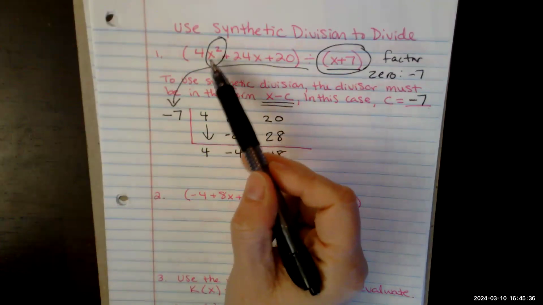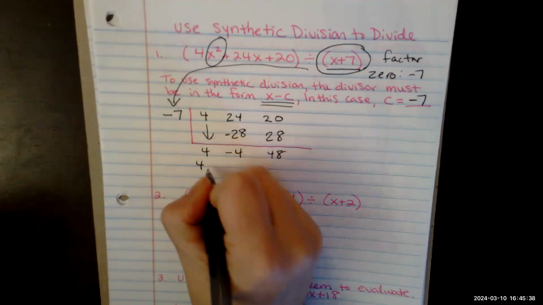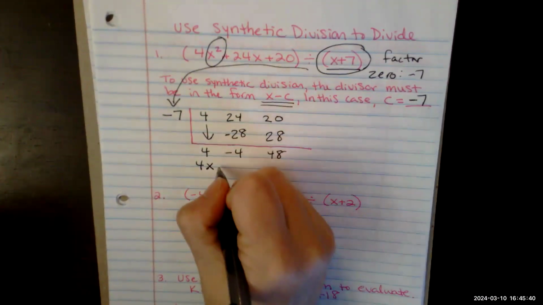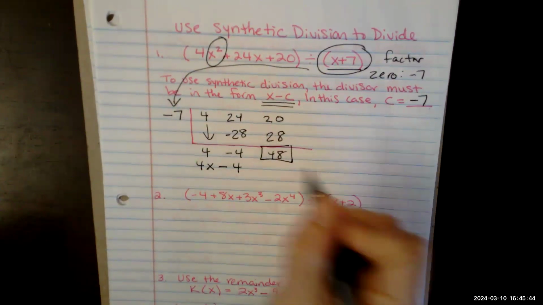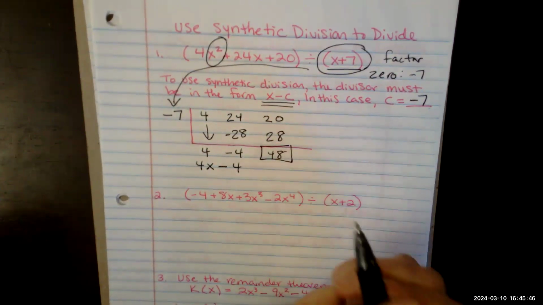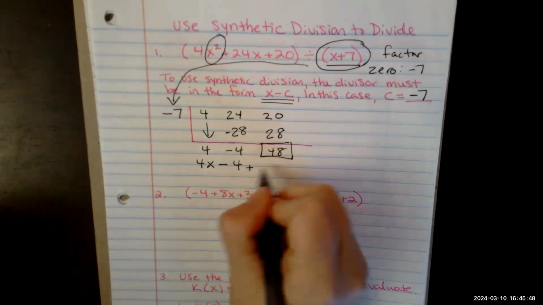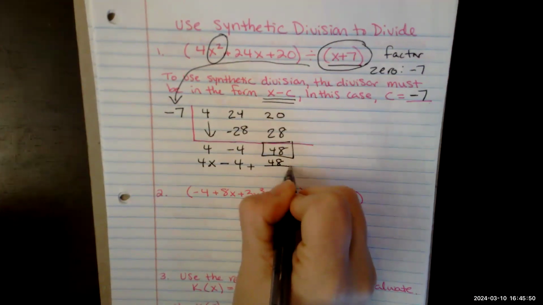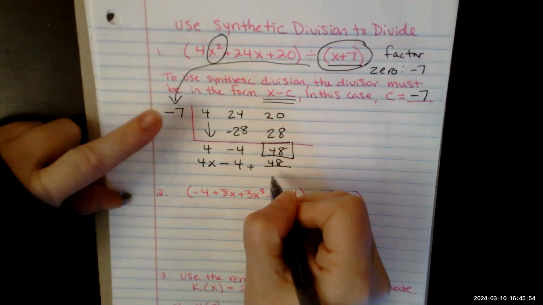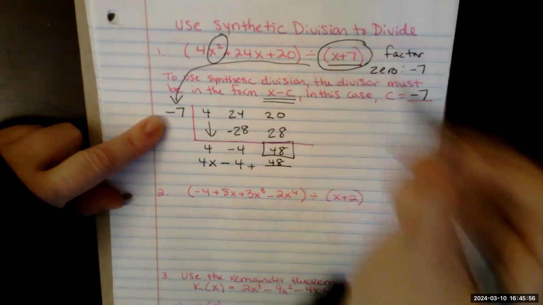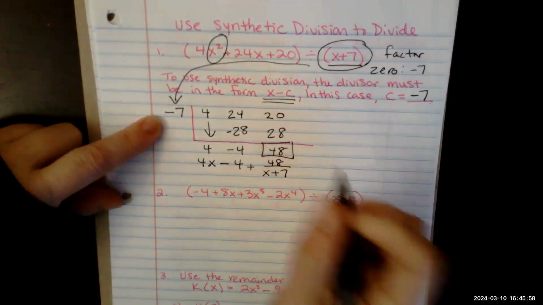But since that's only an x squared, this becomes 4x minus 4. And the last one I usually box to remind myself that's the remainder. So we write that as a fraction divided by what were we dividing by? We weren't actually dividing by -7, right? We were really dividing by x plus 7.